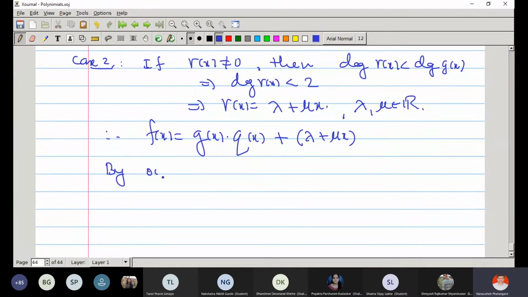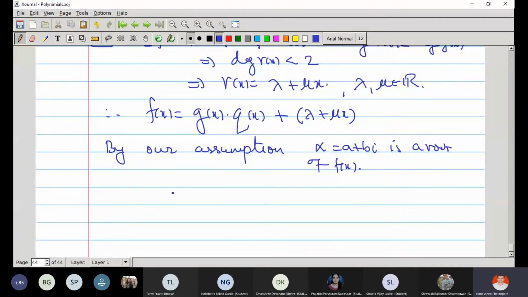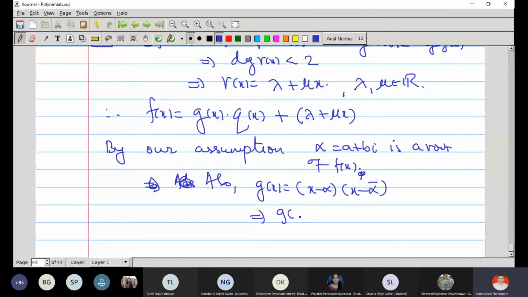By our assumption, alpha equal to a plus bi is a root of f(x). Is it true? Yes. Also, g(x) is (x minus alpha conjugate)... and therefore, can I say that g of alpha is also 0?